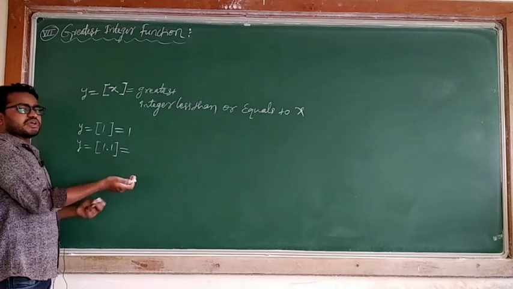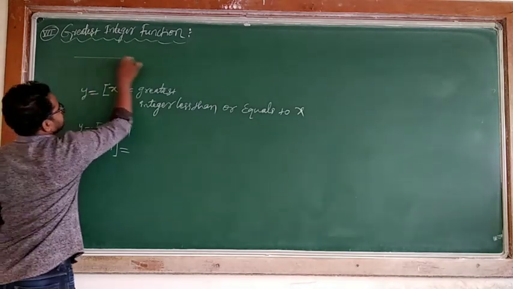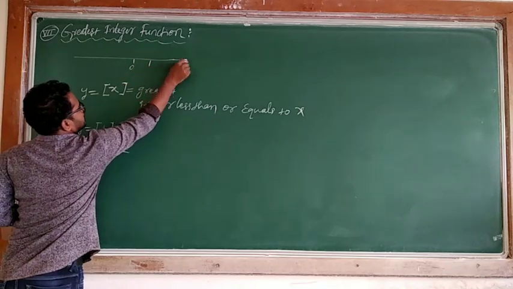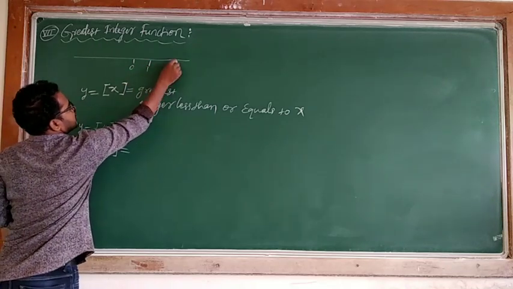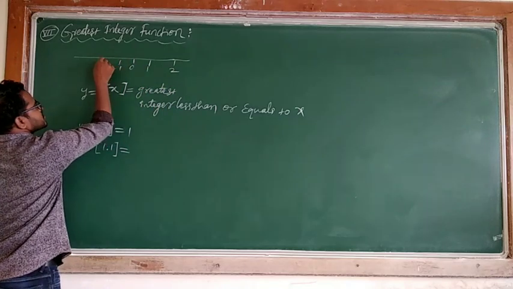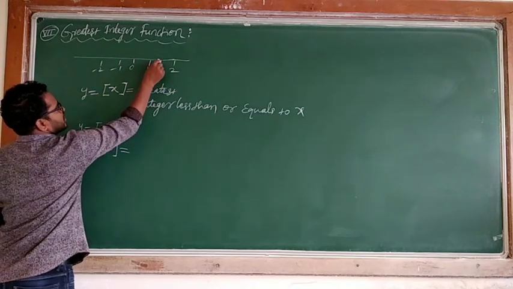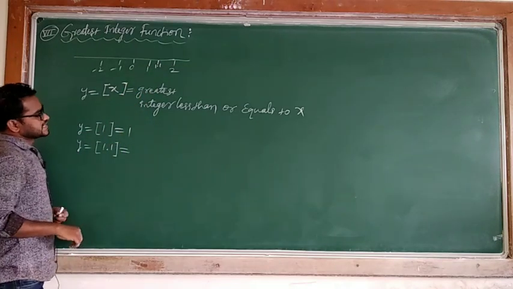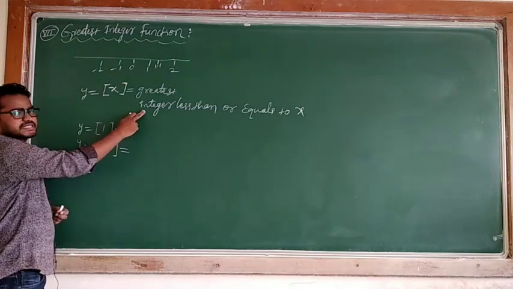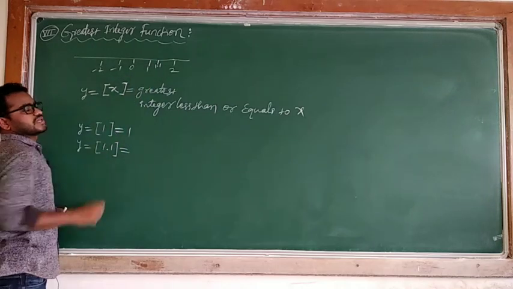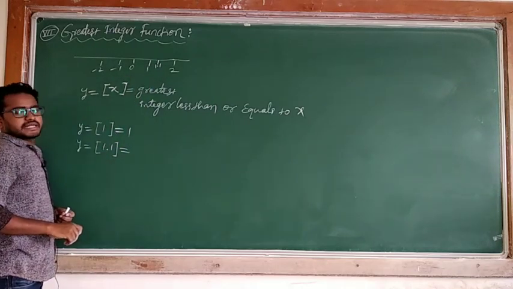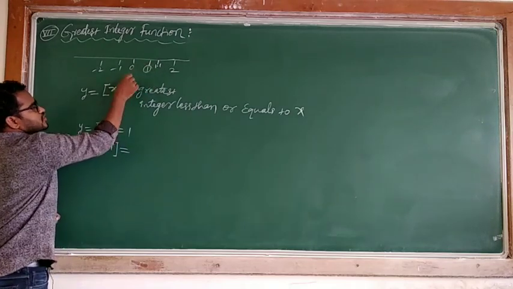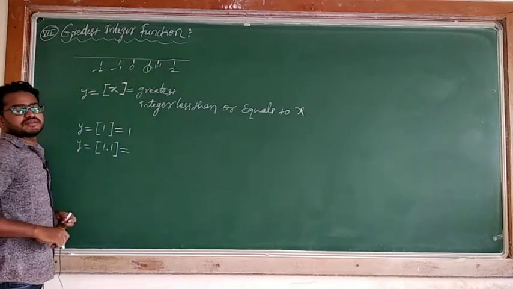1.1 means, on the number line, 0, 1, 2, minus 1, minus 2. Here is 1.1, and we want the greatest integer lesser than 1.1. This 1 is the one, because 0 is also less than 1.1.